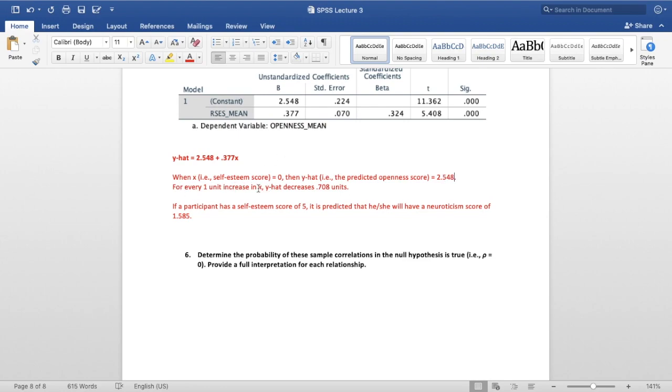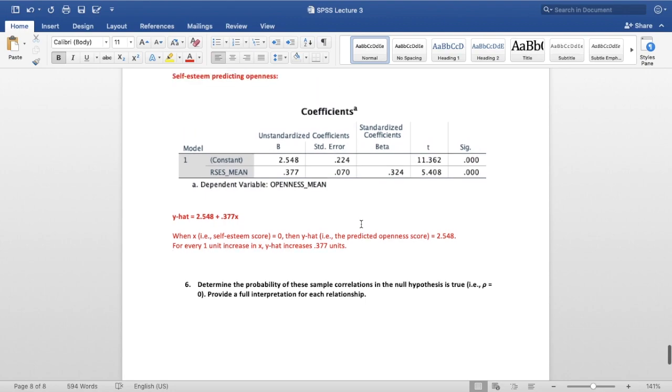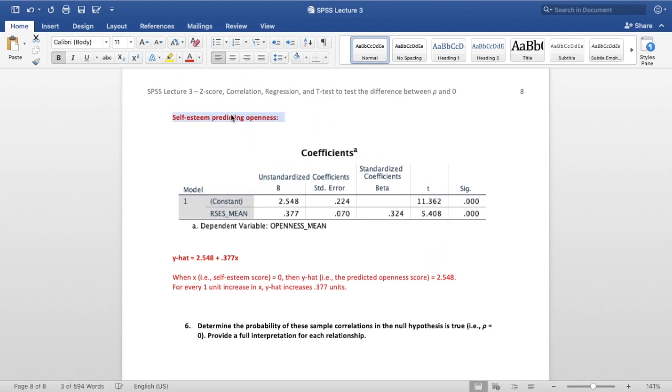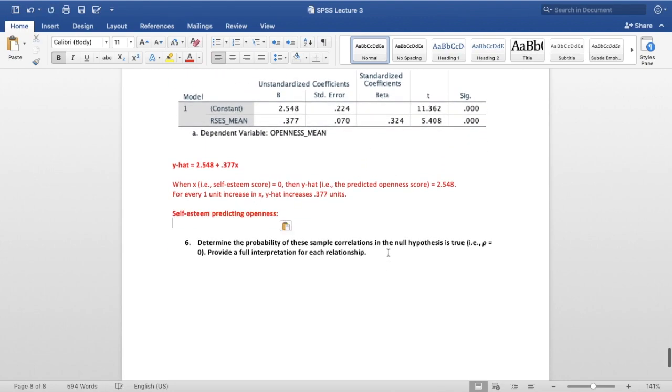And for every 1 unit increase in x, y hat increases because it's positive. .377 units. Okay, good. I think we're getting the hang of this.